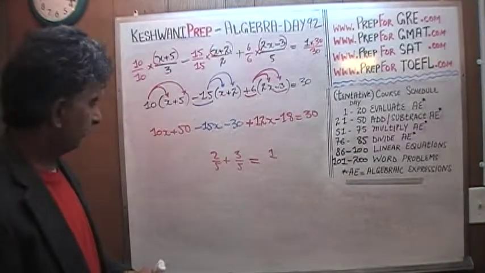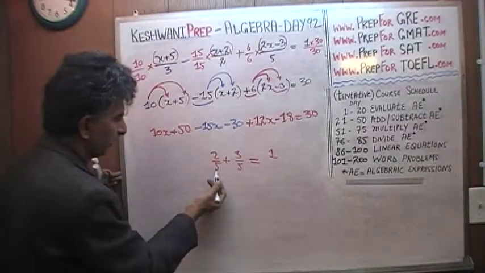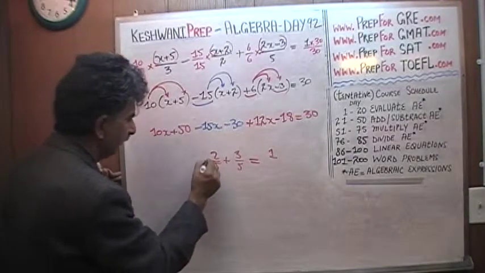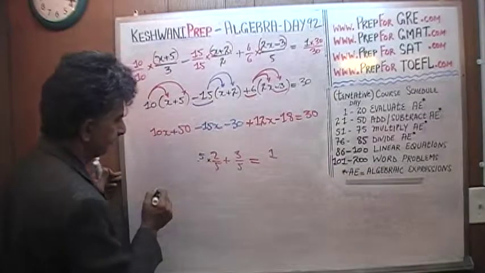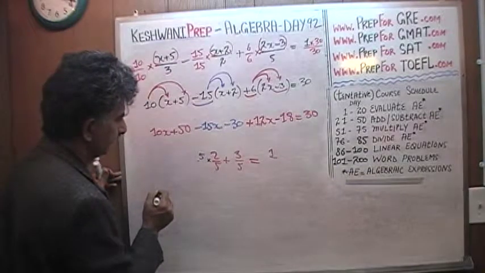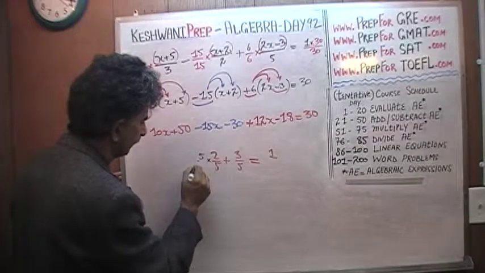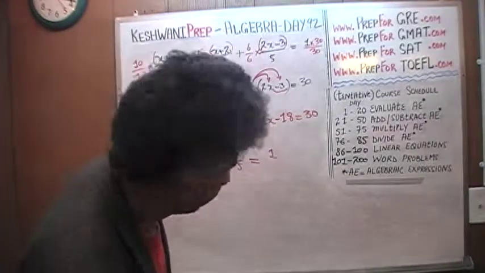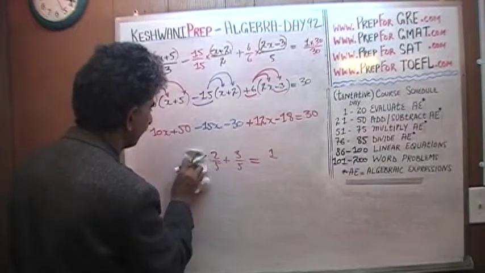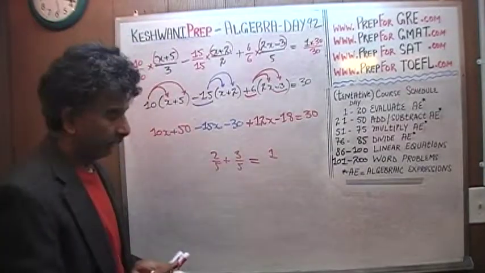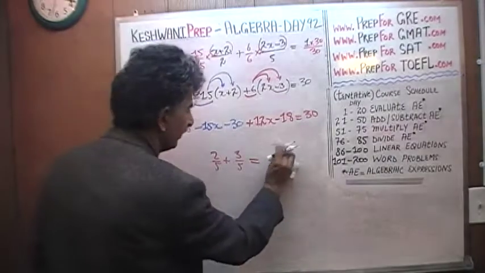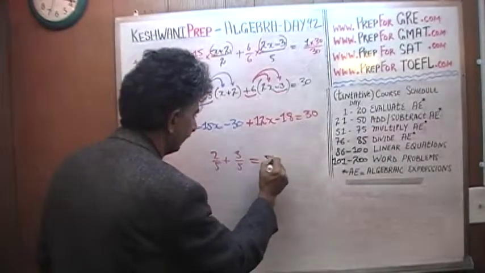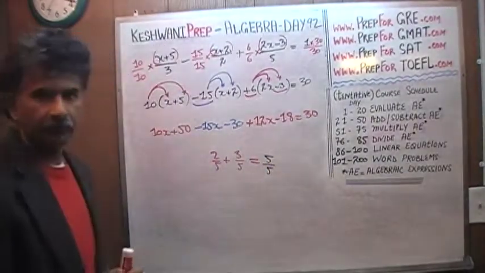Watch what happens. I want to get rid of this 5. If I want to get rid of this 5, I need to multiply the top. This is what I meant. 2/5 plus 3/5 equals 1, which can be written as 5 over 5.